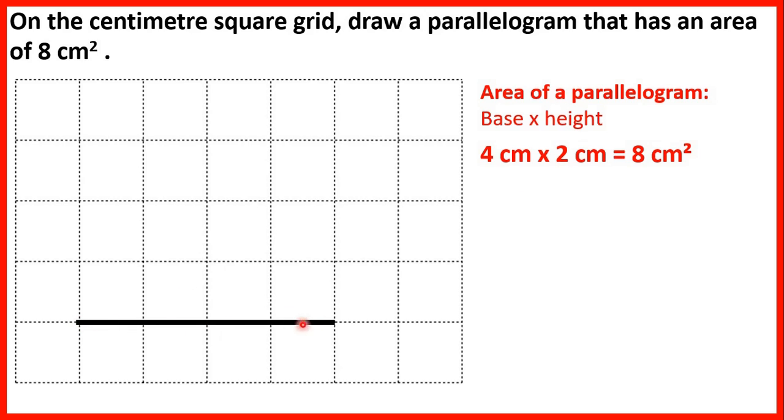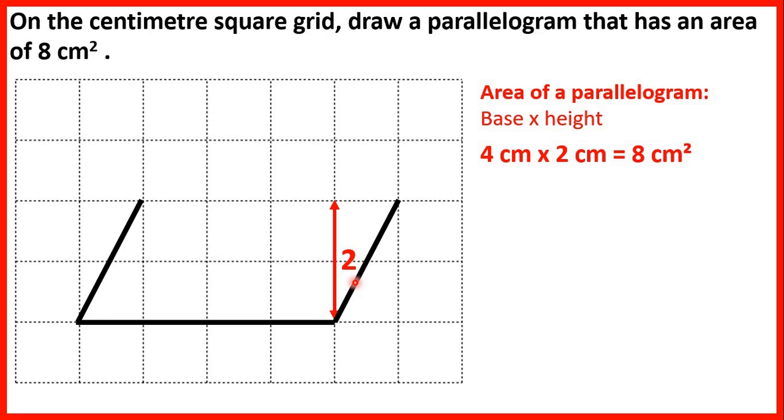So that's 4 centimetres for the base, and we want the height, so the distance from bottom to top, to be 2 centimetres. But we want to draw a parallelogram, not a rectangle. So let's move this point 1 square to the right, and then for this point here, we can go up 2 and again move 1 square to the right, because that way we know that this line will be parallel to this line.